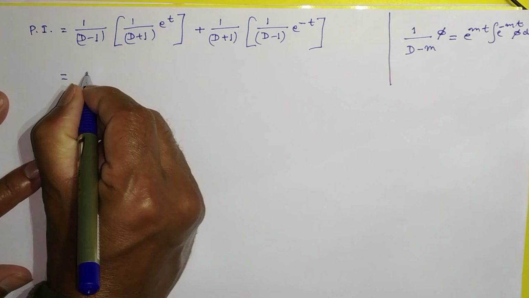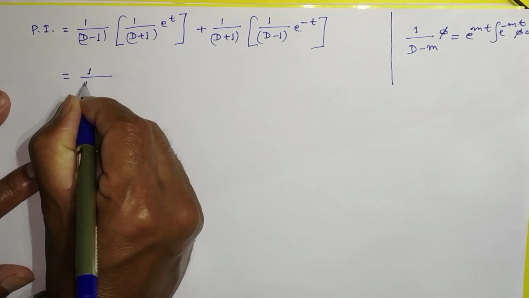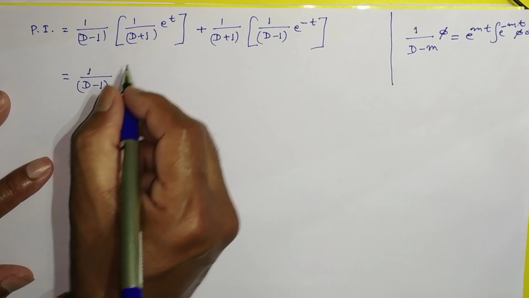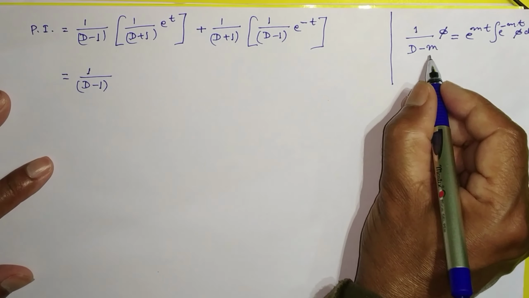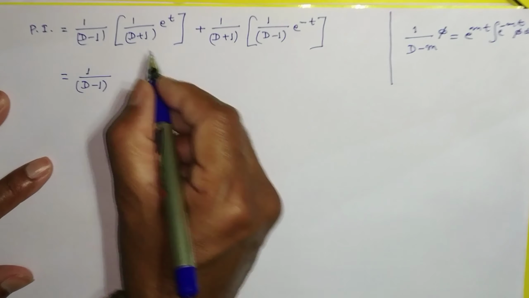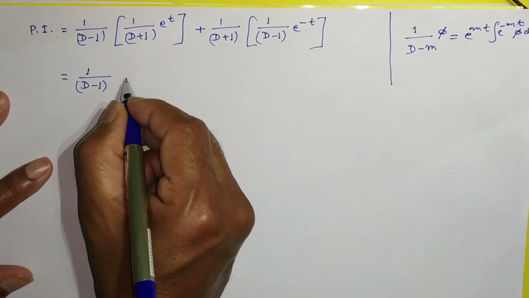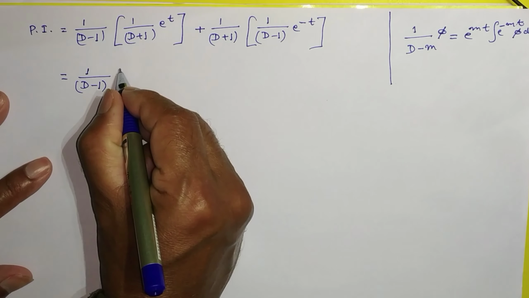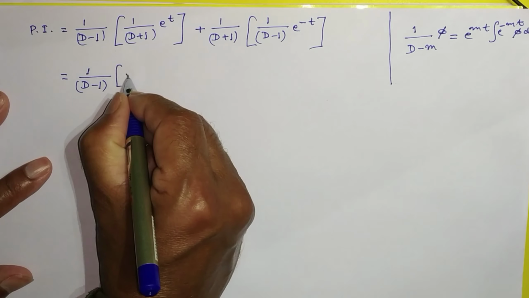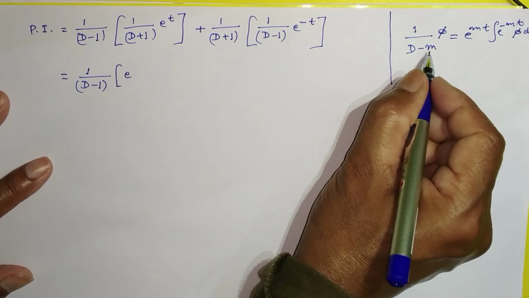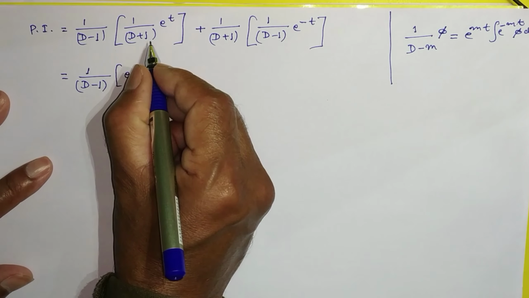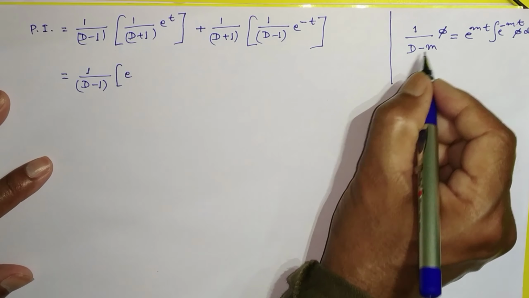So applying it, we have 1 upon D minus 1, and here it is, compare it, in place of m there should be minus 1. So we have the formula like e raised to... just place minus 1 in place of m.